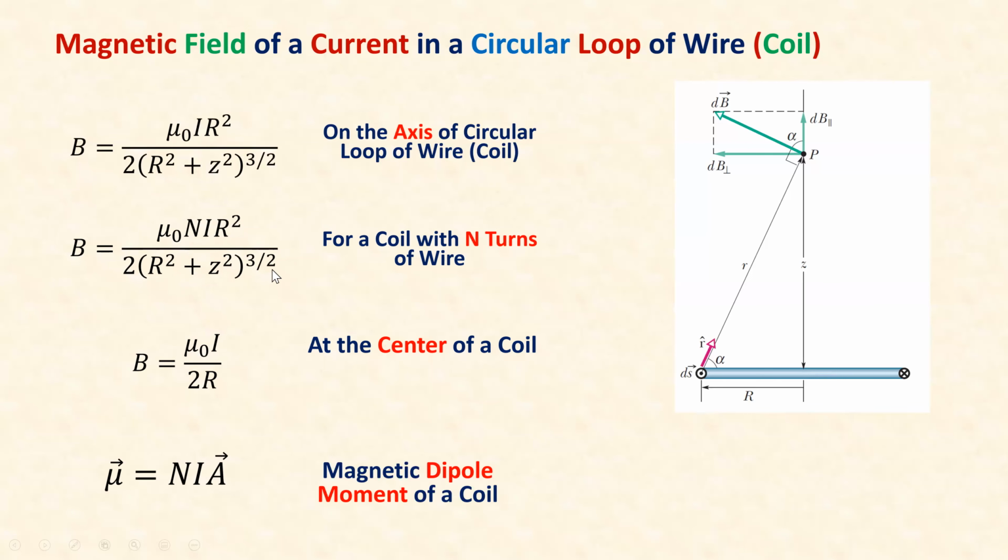Okay, and we define the magnetic dipole moment of a coil as before, N I A. And B can be written in terms of N I A, or mu.